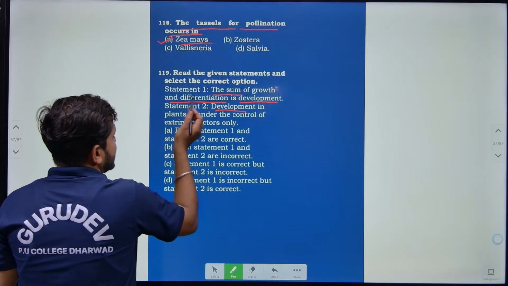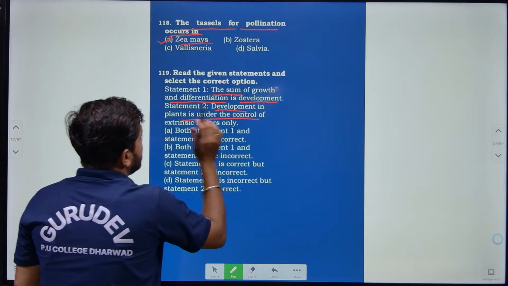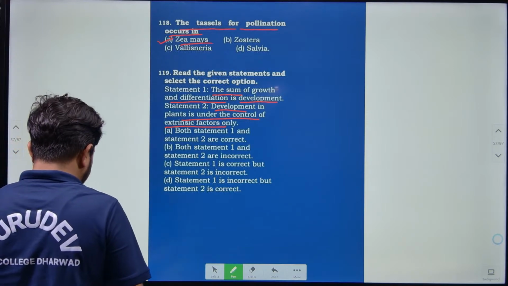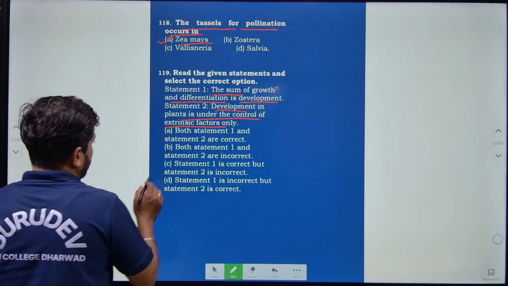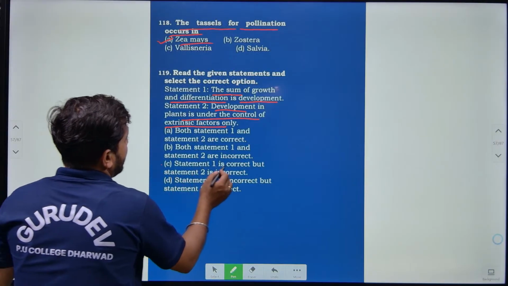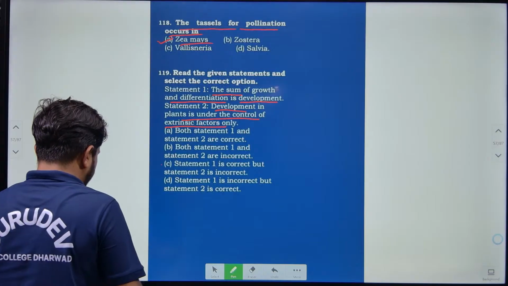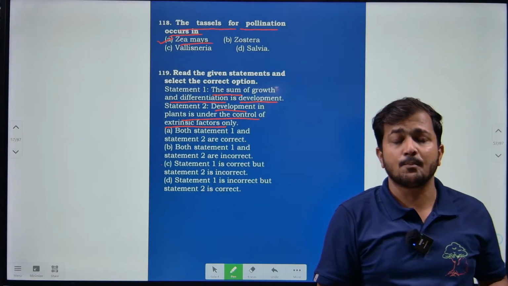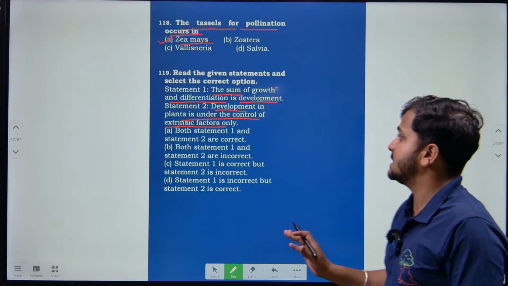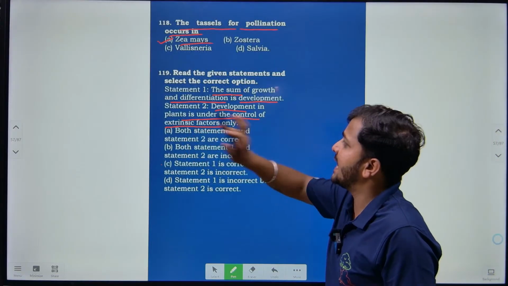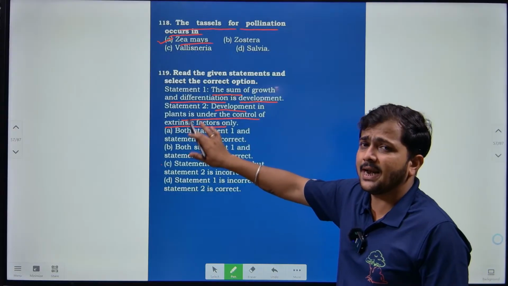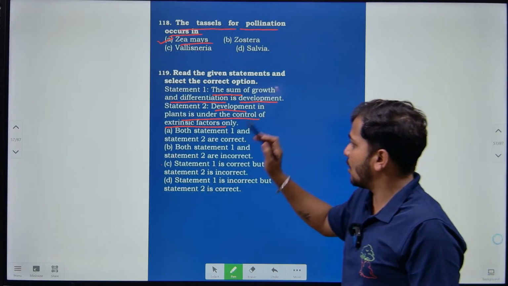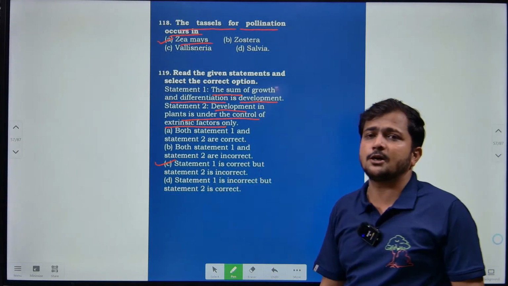The second statement says development in plants is under the control of extrinsic factors only. So statement 1 is correct but statement 2 is incorrect, because development in plants is under the control of both intrinsic as well as extrinsic factors, and here they mention only extrinsic factors. Intrinsic factors are also needed for plant development. So statement 1 is correct, but statement 2 is incorrect.